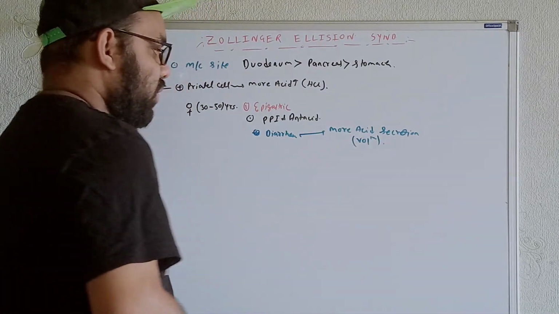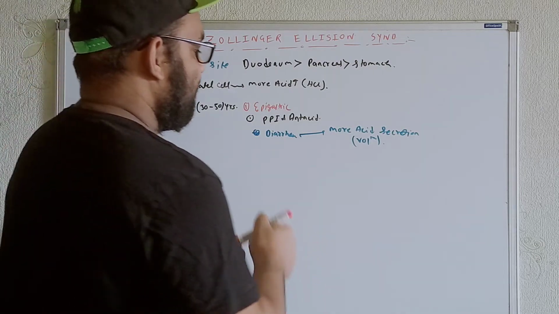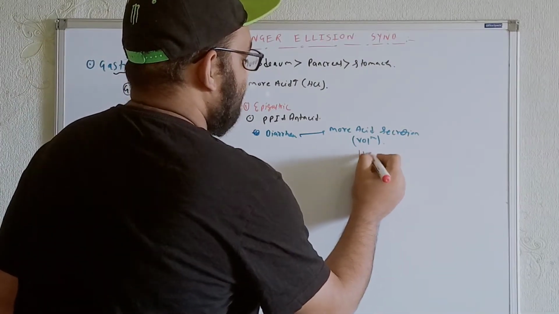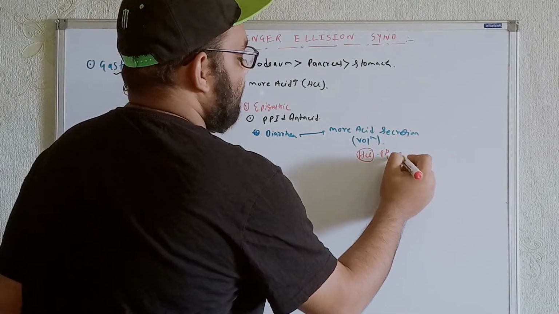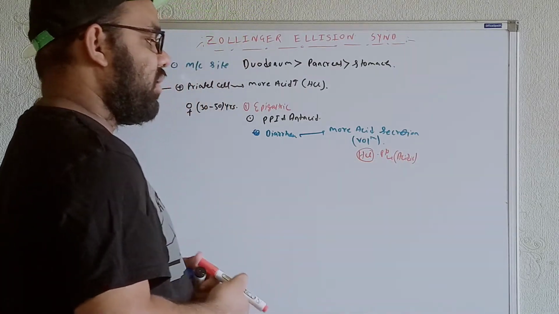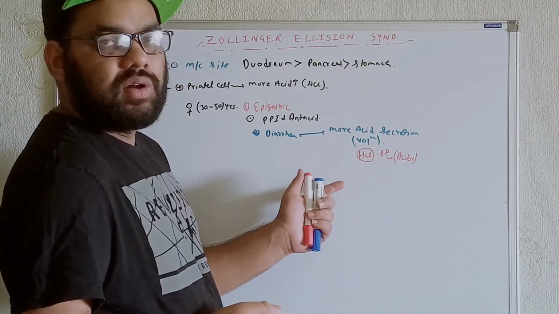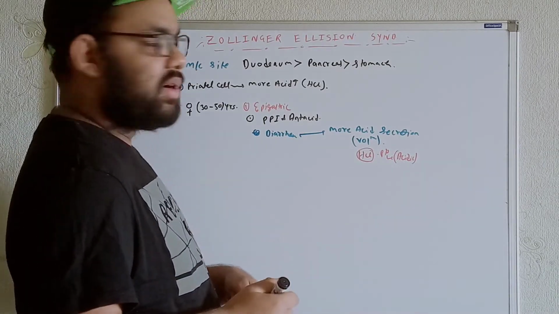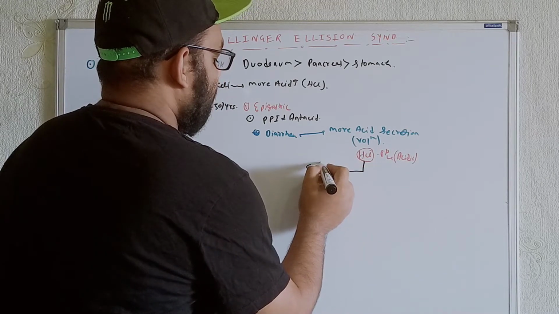Whenever we are getting the acid, the pH will be acidic, but there is a chance for the acid to go from the stomach to where? Within the small intestine. Whenever this acid goes from the stomach to the small intestine, what problem will we see?